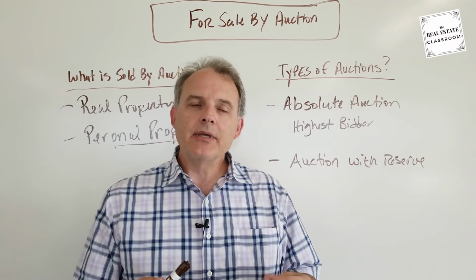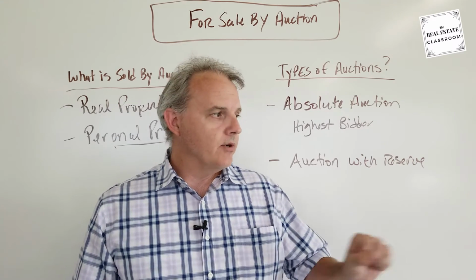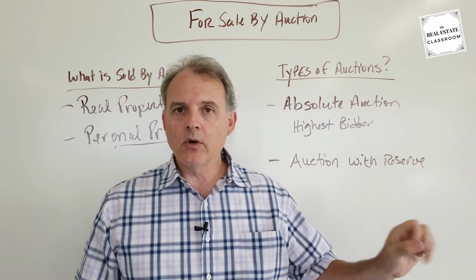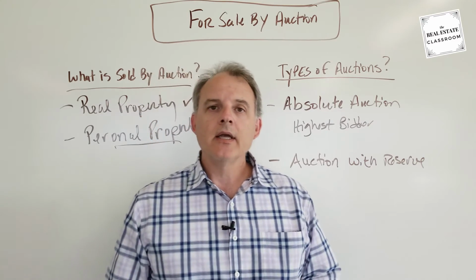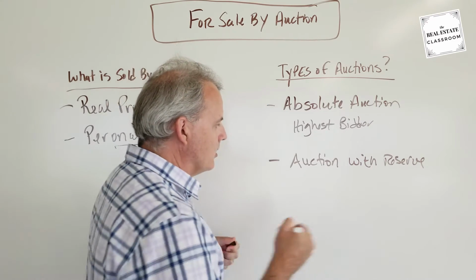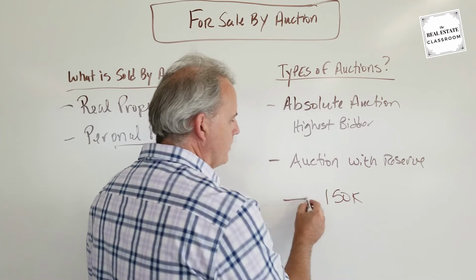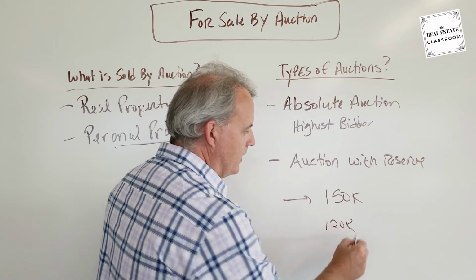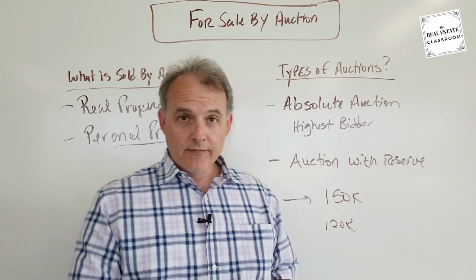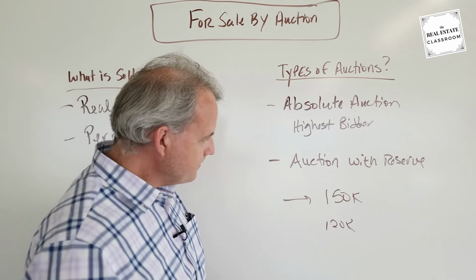It basically gives the owner the right to either remove the property from auction or decline the bid. All right? And what I mean by that is maybe that the owner has a minimum bid of $150,000. Well, the bidders might not know that. So if the highest bid ends up being $120,000, then the owner can remove the house from the auction even though the bidding is done.